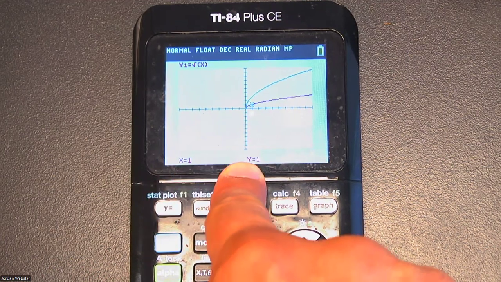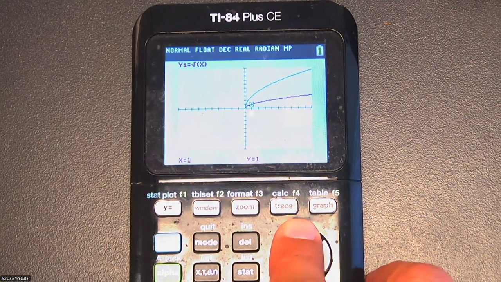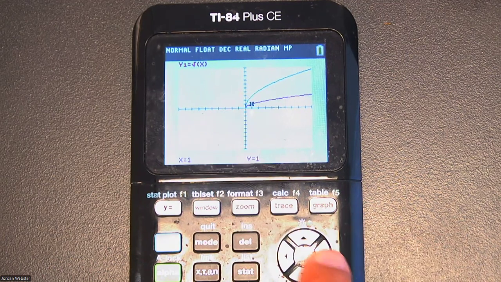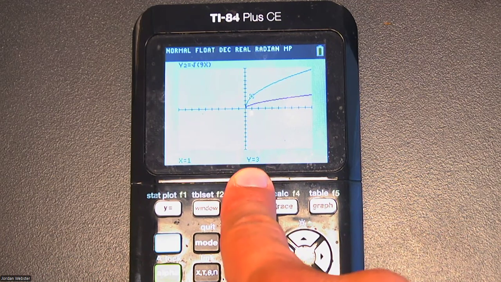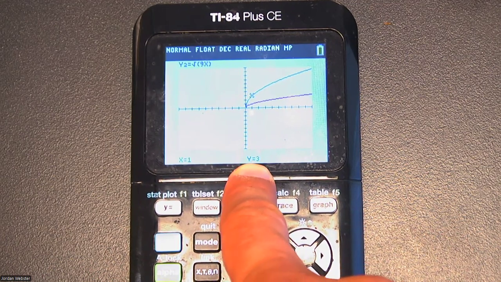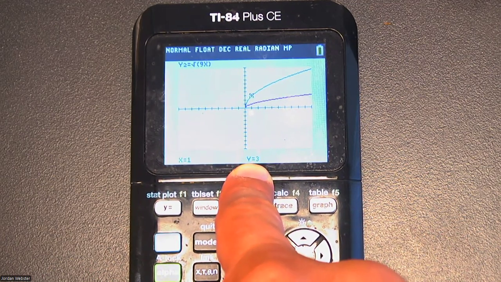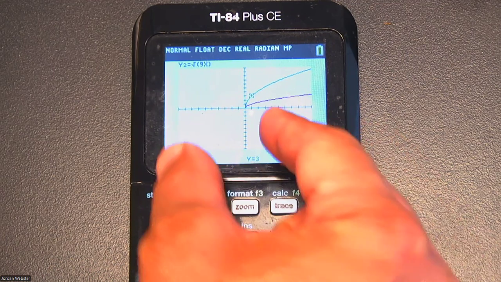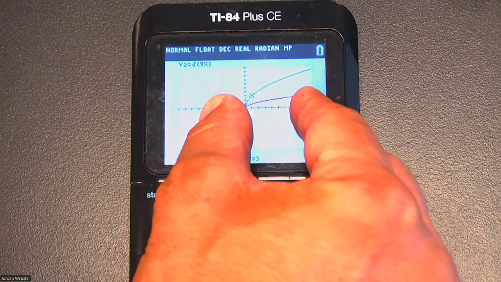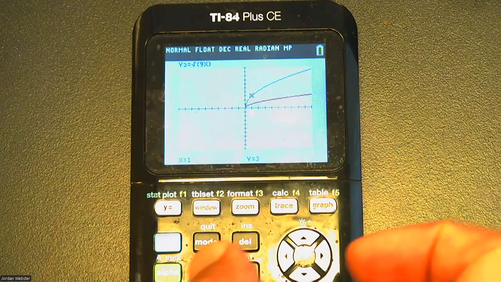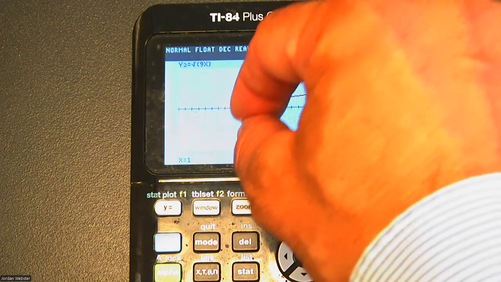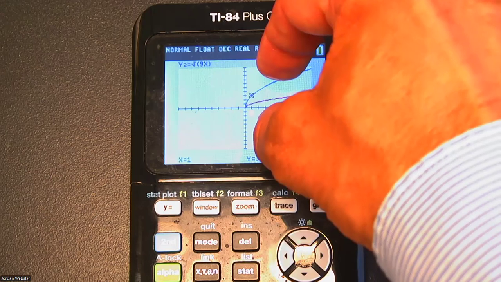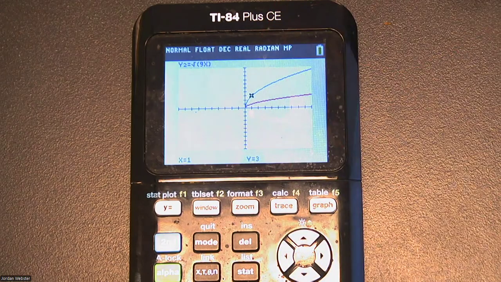So (1, 1) should also now translate to (1, 3). So I could have thought of this as shrinking every x value by a factor of 9, or I could have thought of this as enlarging every y value by a factor of 3.